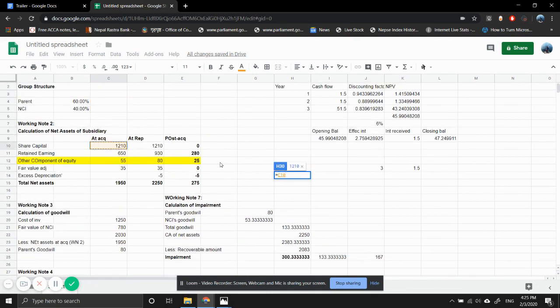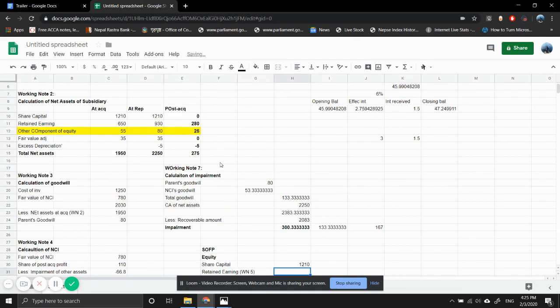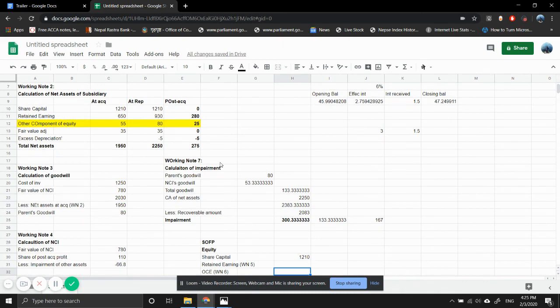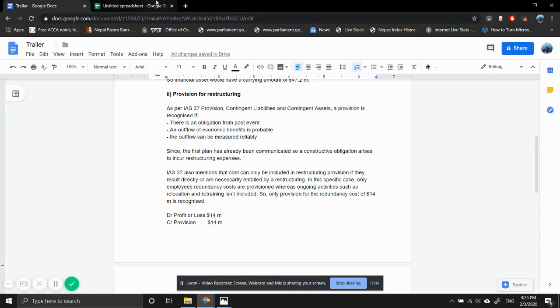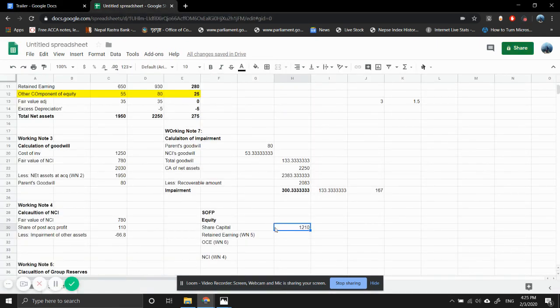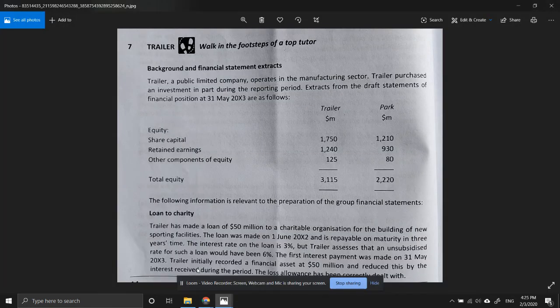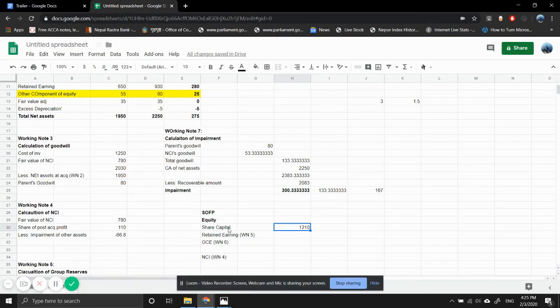Will be this figure, right? 1210, has it already been recorded? So our share capital is 1750, because we are the parent, right?